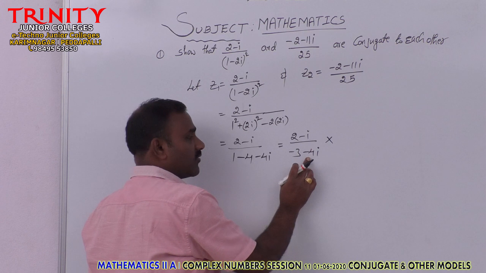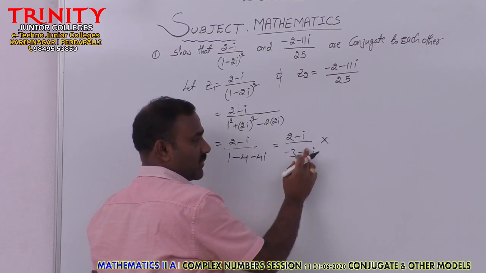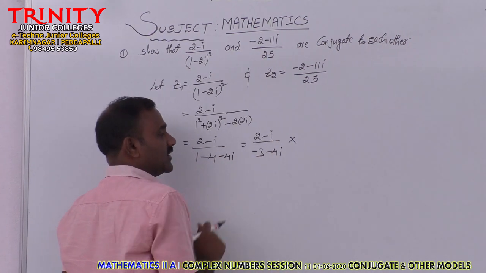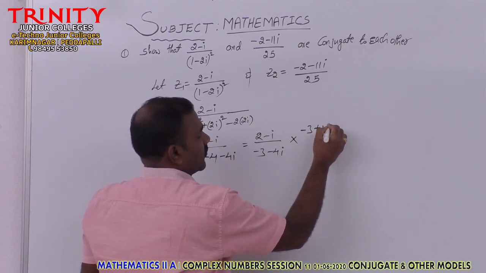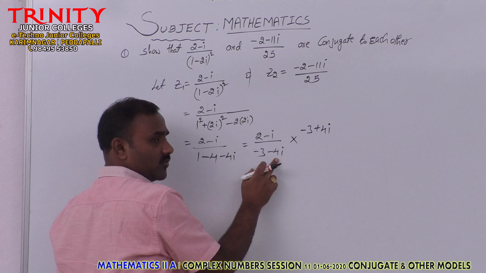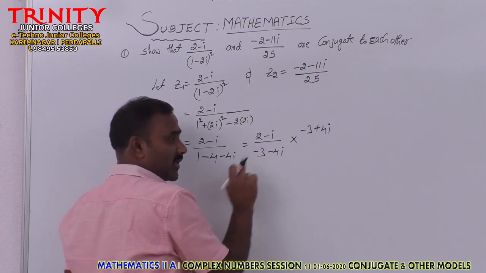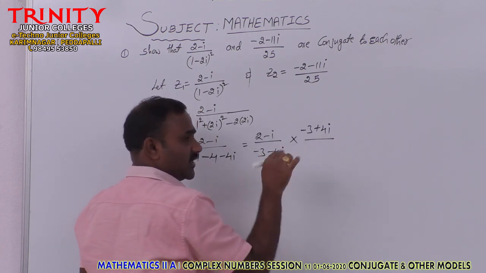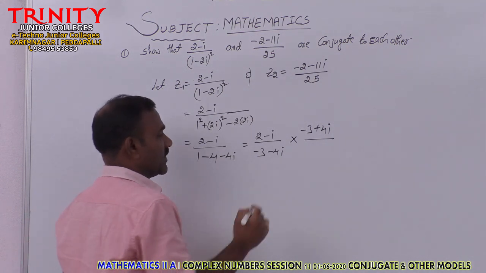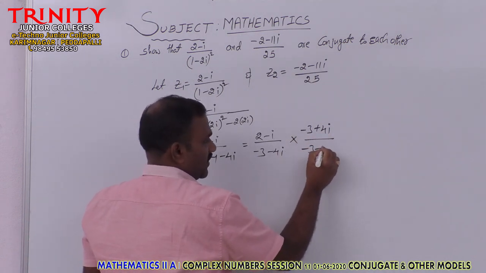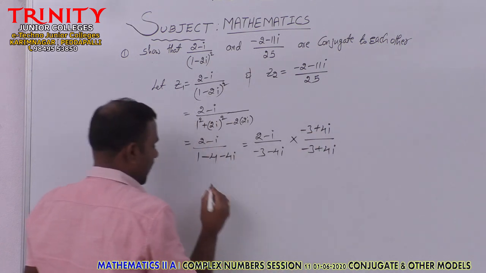That's why we are going for conjugation. To remove this imaginary part, we multiply and divide with its conjugate. What is the conjugate of minus 3 minus 4i? That is minus 3 plus 4i. The conjugate of a plus ib is a minus ib, and the conjugate of a minus ib is a plus ib. So multiply by (minus 3 plus 4i) by (minus 3 plus 4i).